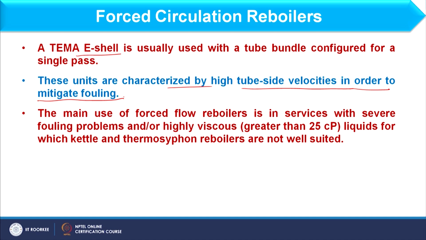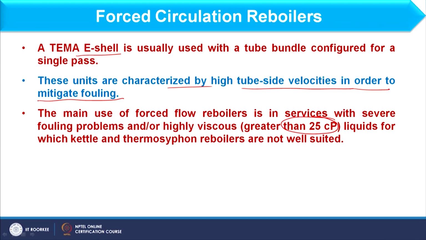So, scale formation can be reduced by increasing the velocity, and that can be done with the help of pump. Now, why do we need forced circulation? When the fluid is not able to circulate on its own, and that happens when I am dealing with highly viscous liquid. So, forced circulation reboiler should be used when viscosity of the fluid increases beyond 25 centipoise.